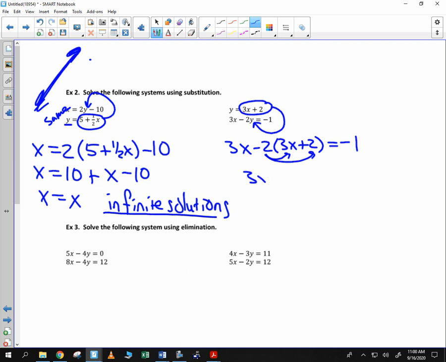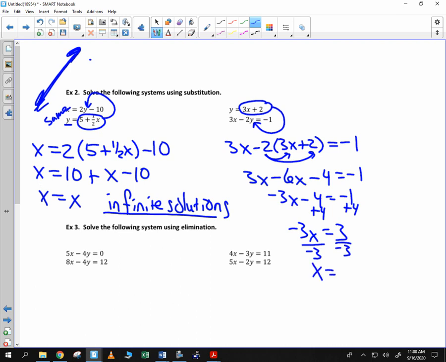I get 3x minus 6x minus 4 is equal to negative 1. Negative 3x minus 4 is negative 1. I would add the 4 to both sides. Negative 3x is 3. Divide by negative 3. x is negative 1.